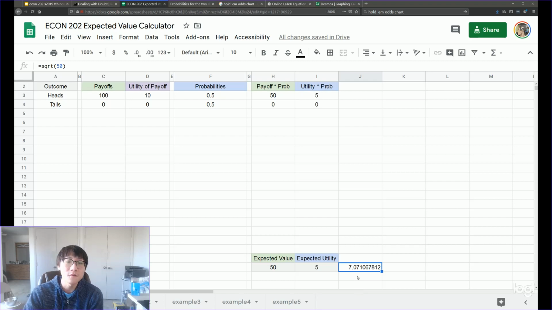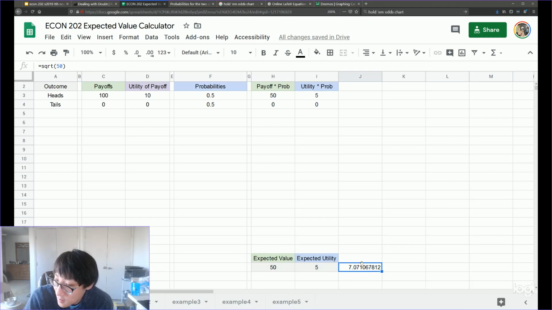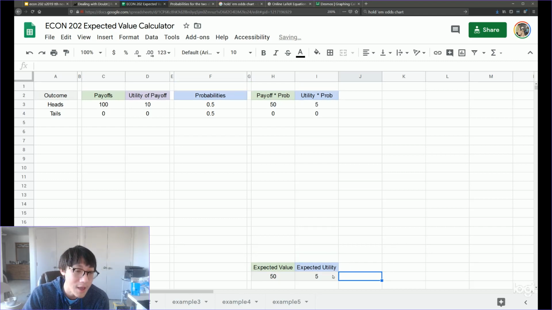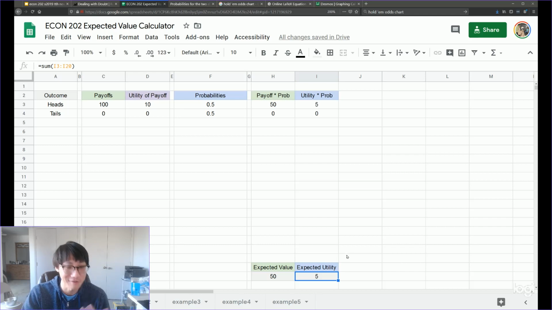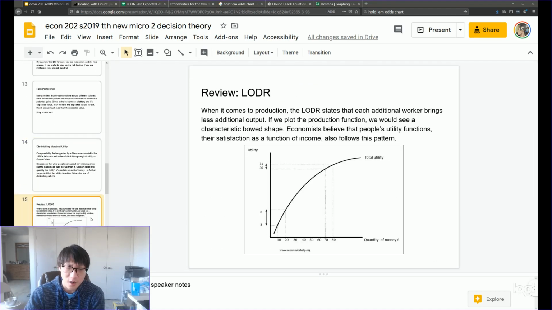So if what you're maximizing is not expected value but expected utility, then it makes sense that you would prefer the sure thing, which gives you a utility of 7, as compared to this game, which only has an expected utility of 5. Sorry, I said dollars, but not $5, 5 units of utility. Some economists call that utils. So 5 utils of utility. I hope that example makes sense.